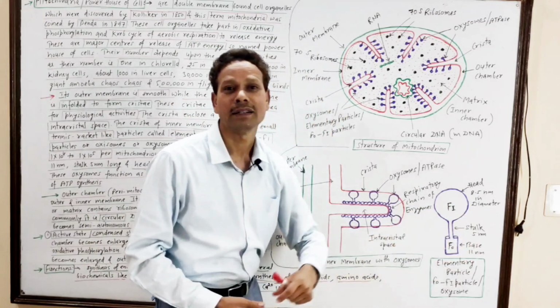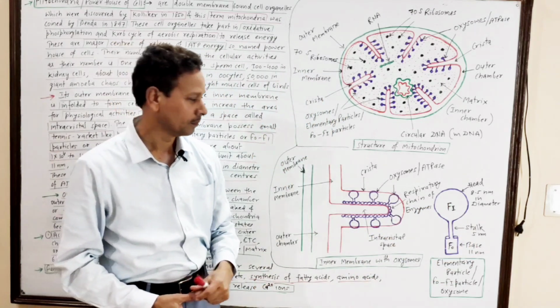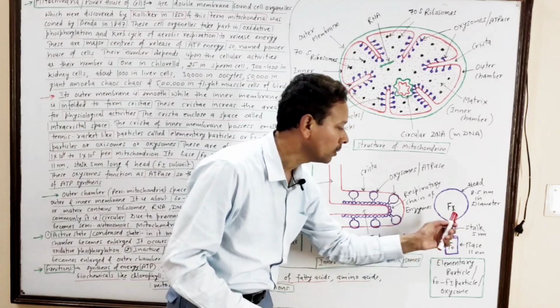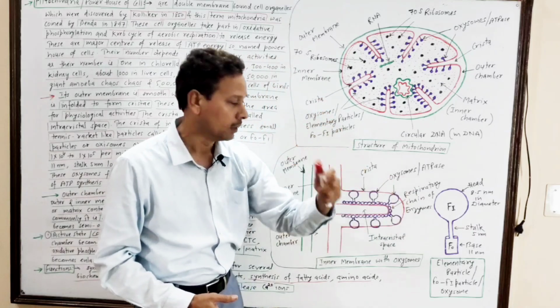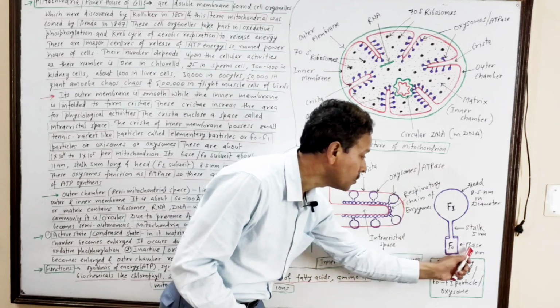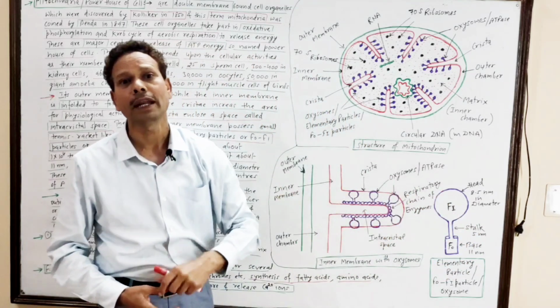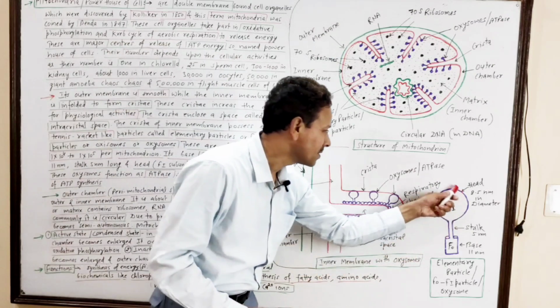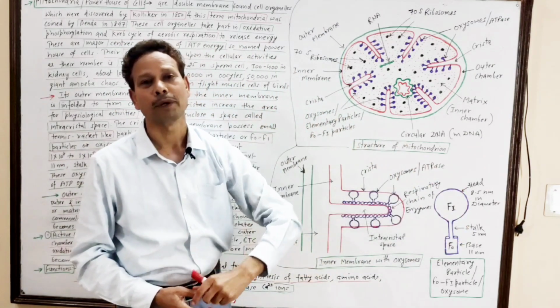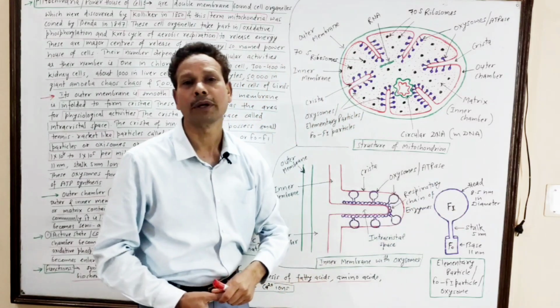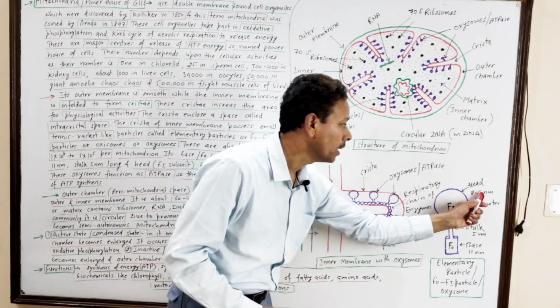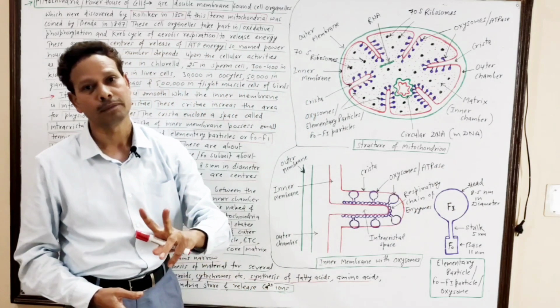This basal part is F0, and this small stalk is about 5 nanometer long. This basal part, the F0 subunit, is 11 nanometer long, and its head, the F1 subunit, has a radius of about 8.5 nanometer.